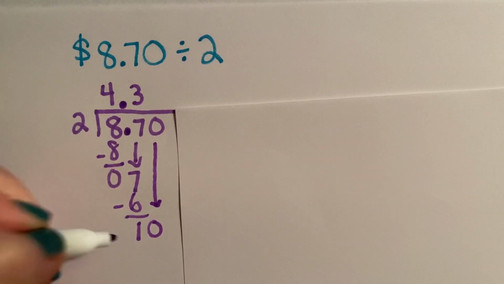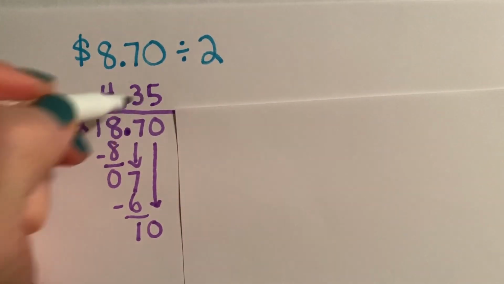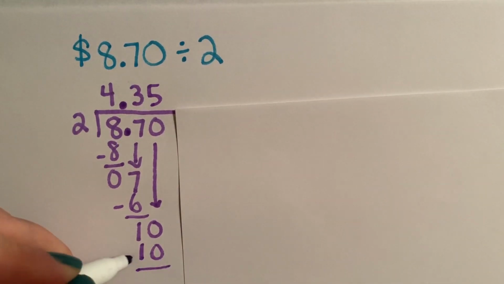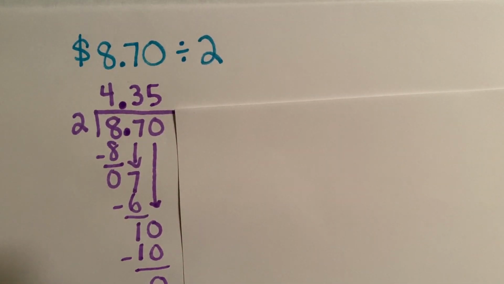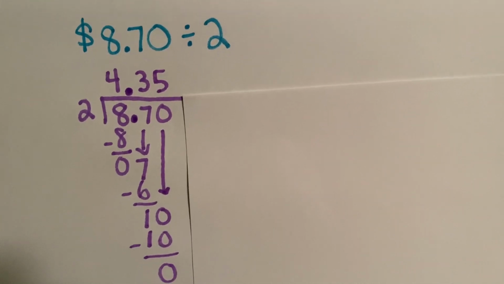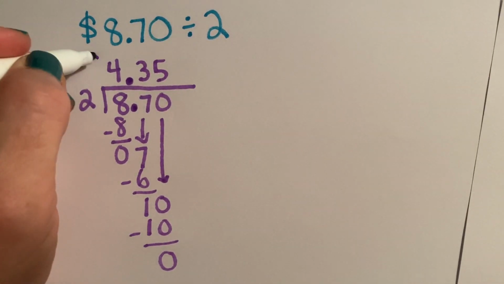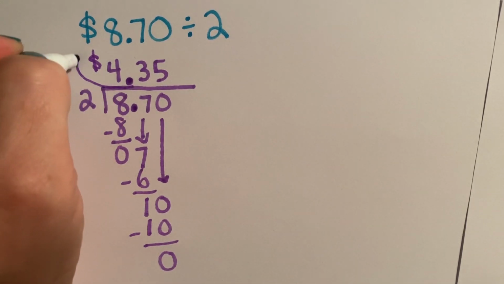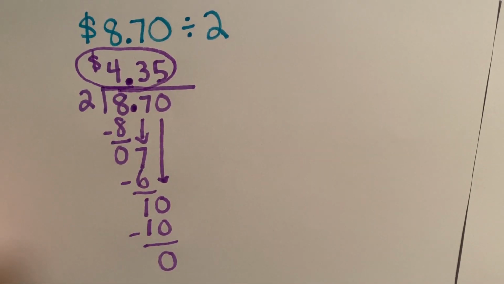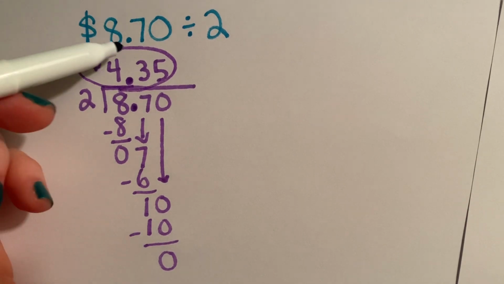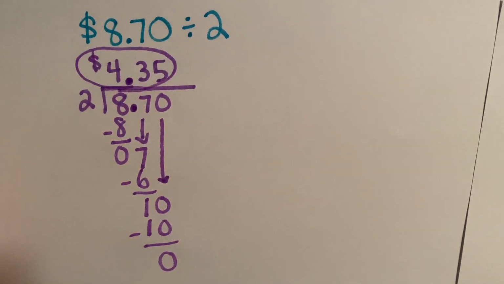And 2 fits into 10 5 times. And 5 times 2 is 10. And we have a remainder of 0. So our answer of how much money each person owes would be right here, $4.35. So that's one way to go about dividing 8.70 by 2.